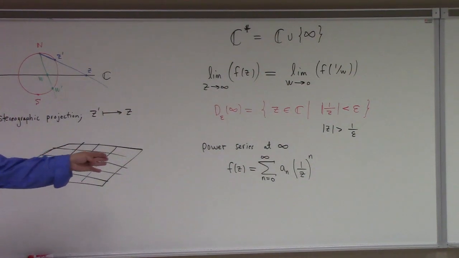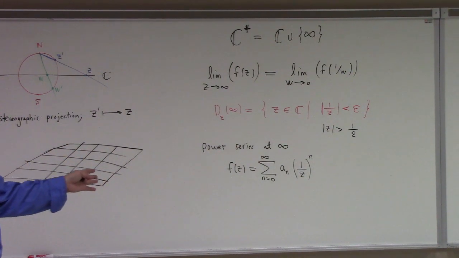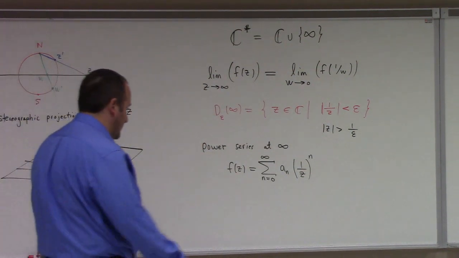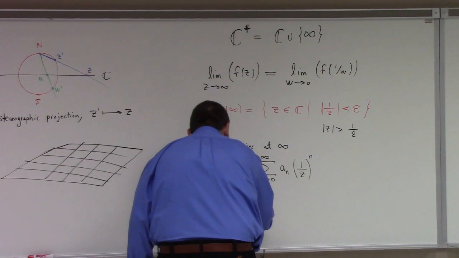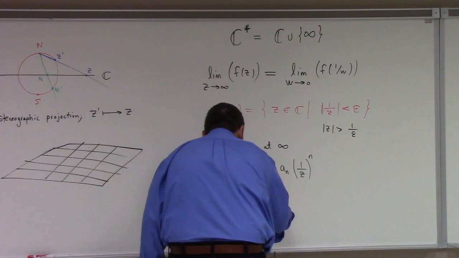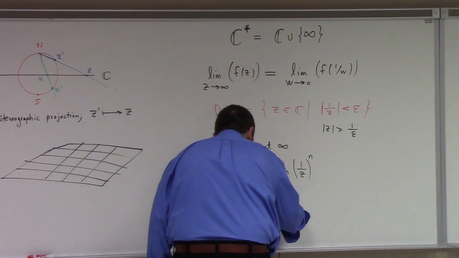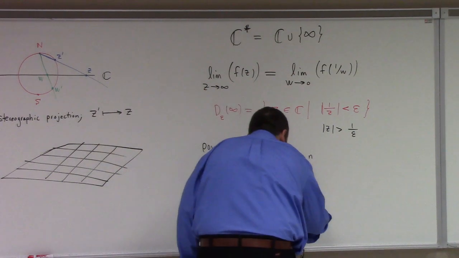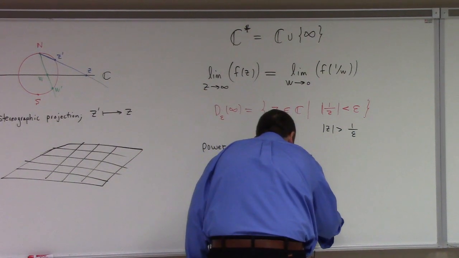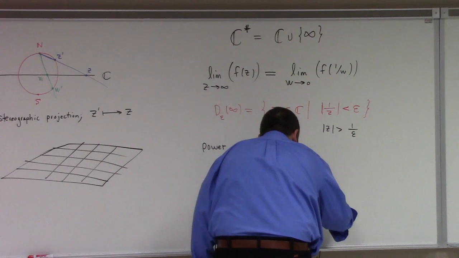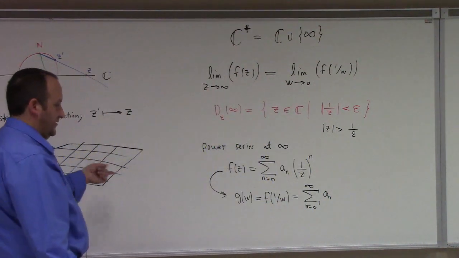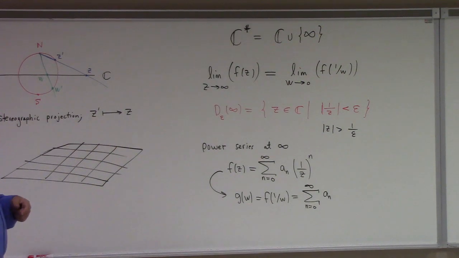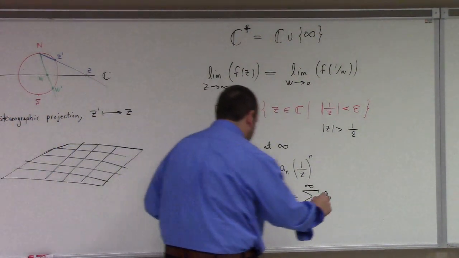Because if that's the formula for f, what happens if we trade z for 1 over w? This says g of w equal to f of 1 over w is what? We put 1 over w, and it's just w to the n, right?